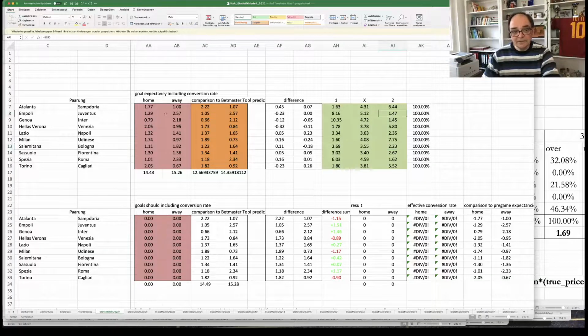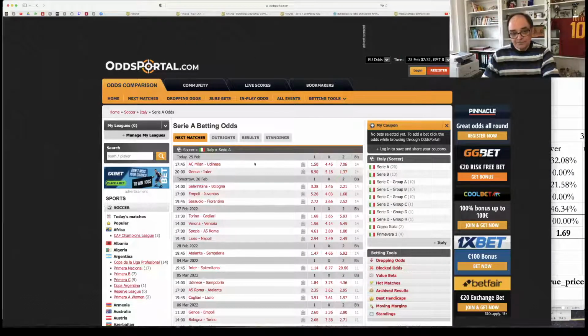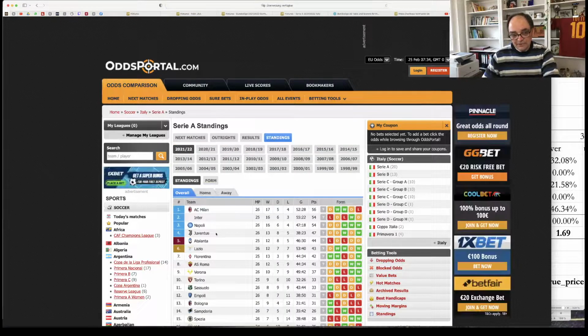Juventus 168, here the computer strongly recommends a bet on Juventus, and also here in this, whereby it gives Empoli a somewhat better chance, but I would say we have to go with Juventus. I mean, it's still a lot at stake here.